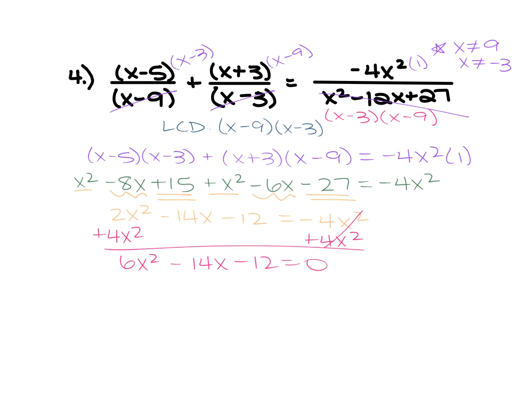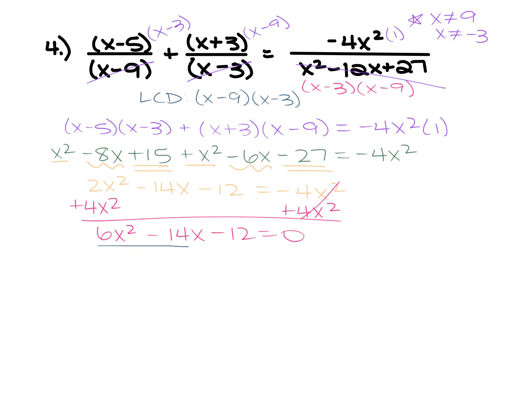We have a greatest common factor within all three of these terms, so we're going to factor out a 2 first. That's going to give us 2 times 3x squared minus 7x minus 6 is equal to 0. Your 3 times negative 6 is negative 18.